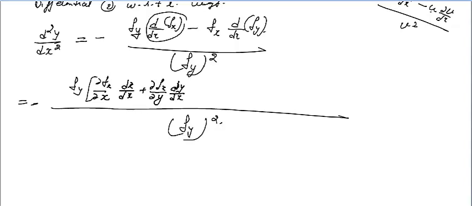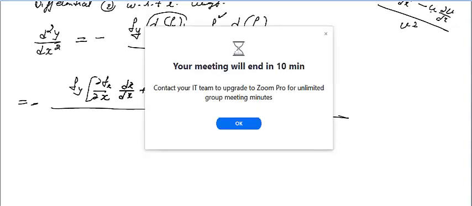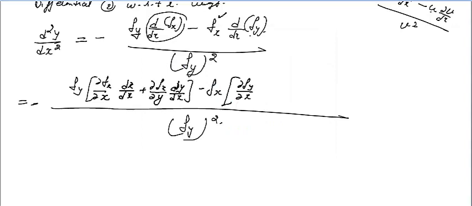Okay, minus fx is outside. Now this curl fy by curl x, dx by dx plus curl fy by curl y and dy by dx.